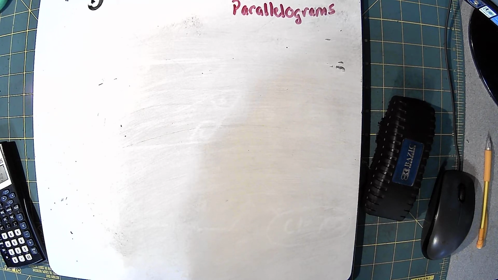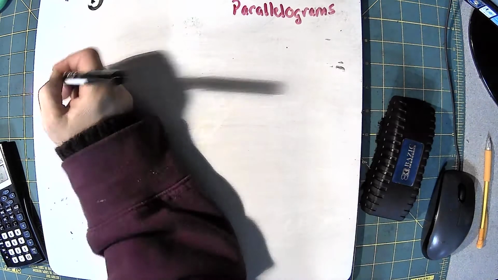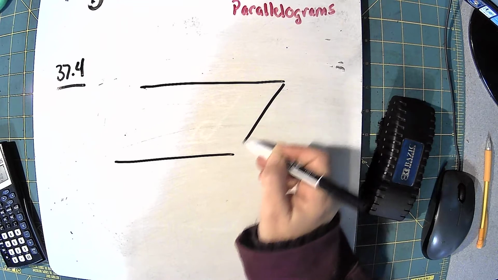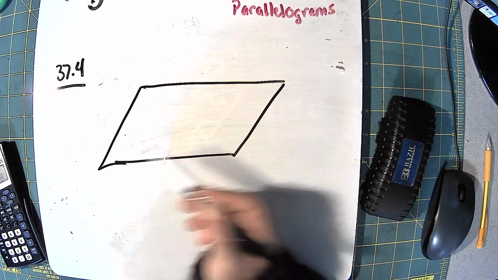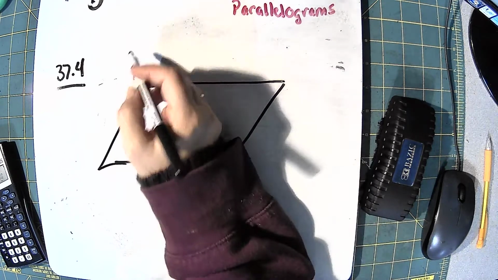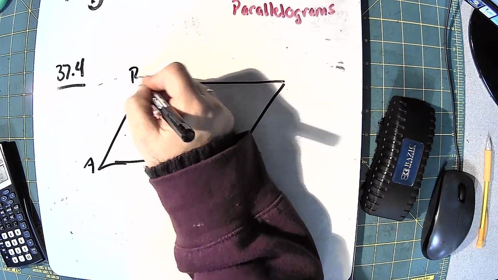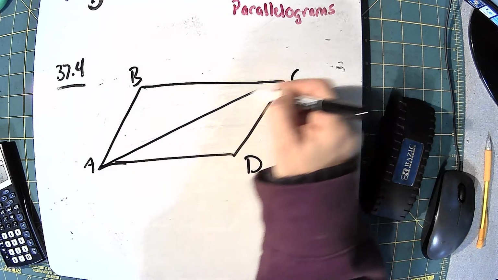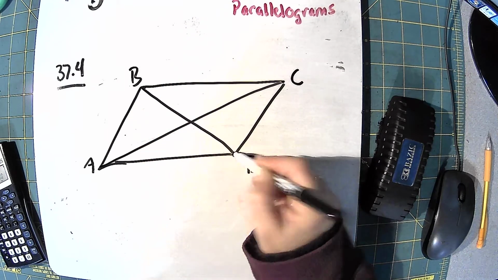Okay, so let's see. Let's do 37.4. Alright, so we've got A, B, C, and D. And we've got these guys.